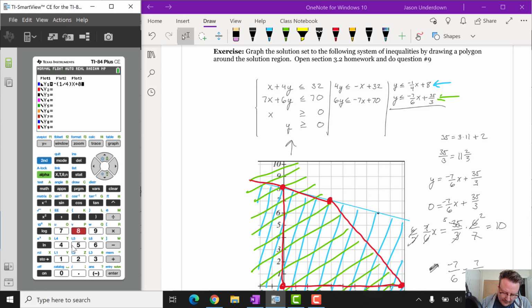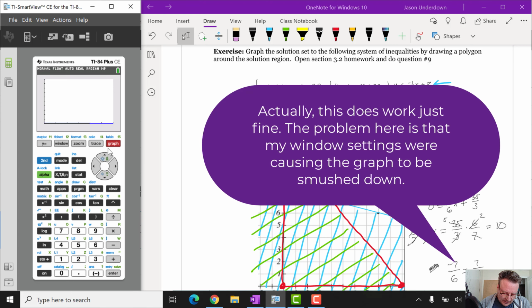Okay. Let's graph that. Yeah, that is not working like I thought it might. So never mind. I think you do have to use the app.